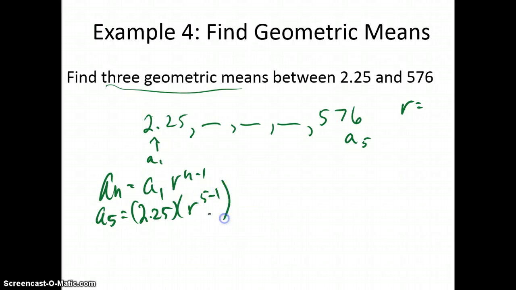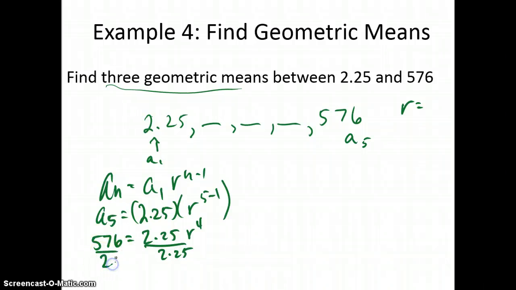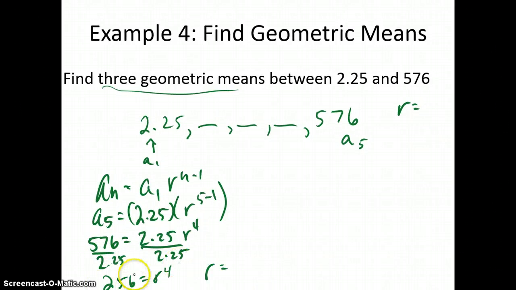So a sub 5 was 576, equals 2.25 r to the 4th. We divide by 2.25, and we get 256 equals r to the 4th. And now we want to do the 4th root of this, and when we do, we find r to be 4.